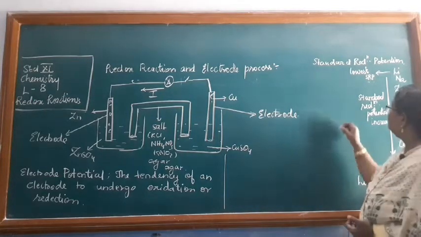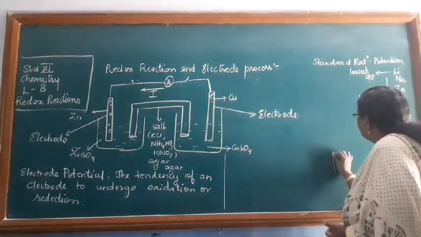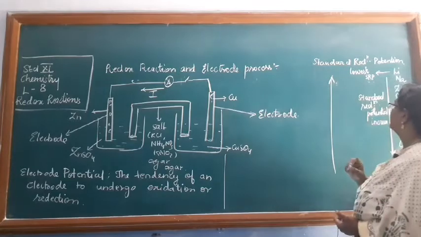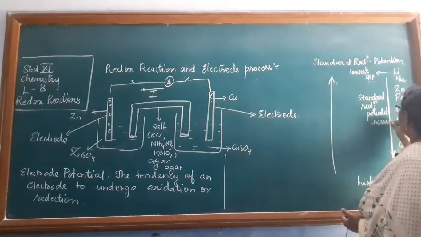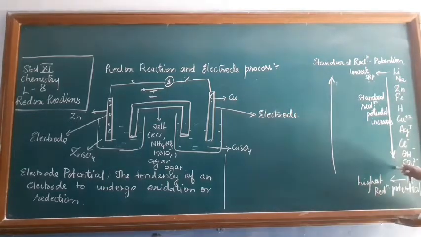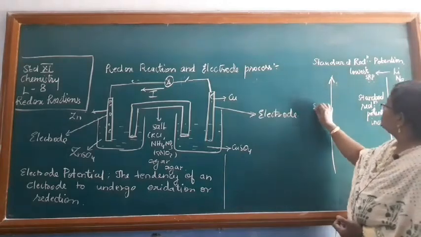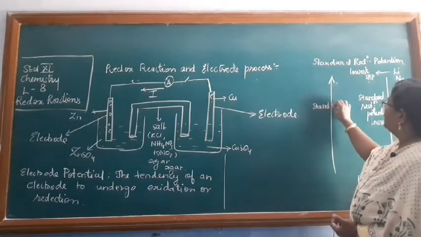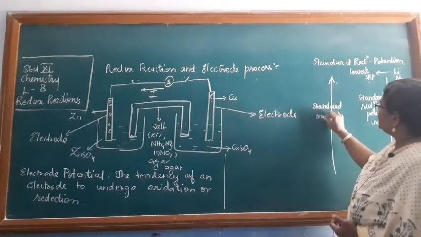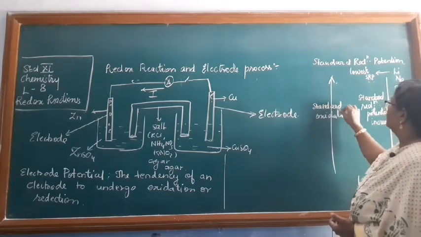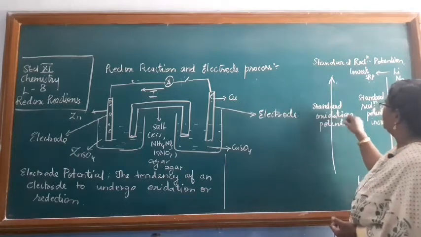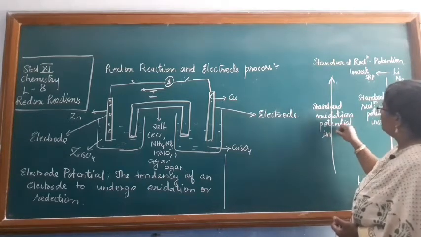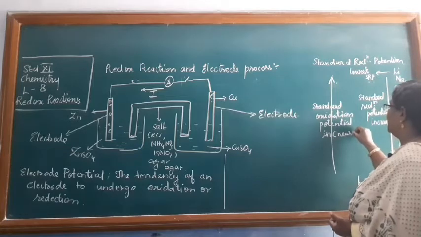And if you move from bottom to top, that means the arrow upwards, then here you are finding standard reduction potential increases as you move down. So the standard oxidation potential increases in this direction, that is the upward direction.